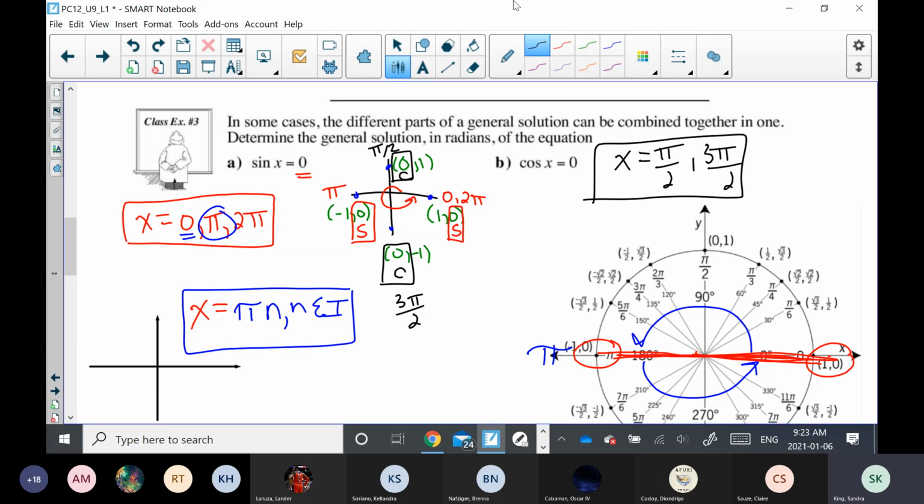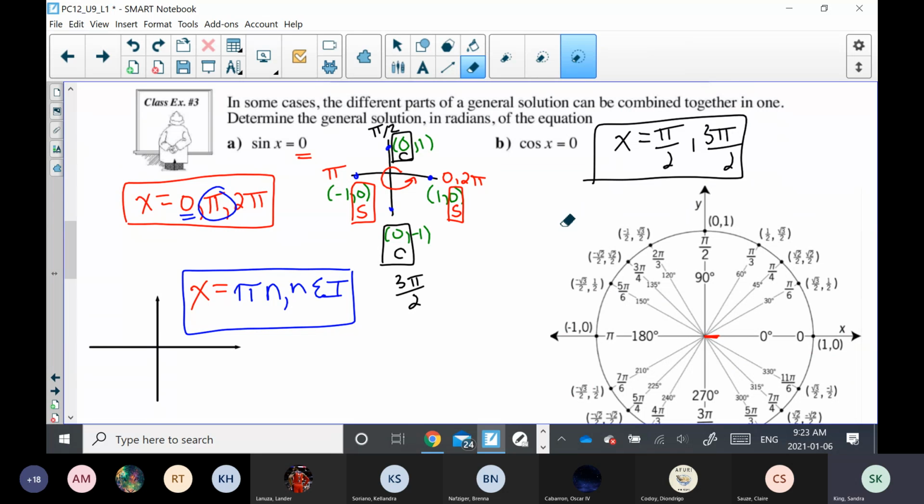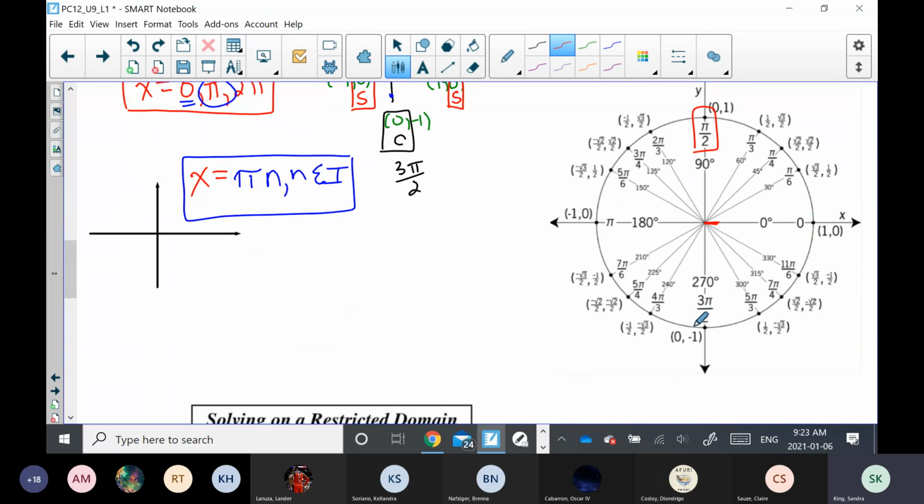Do these two answers make a straight line? I'm just going to erase this. My two answers were pi over 2 and 3 pi over 2. Is this a straight line? And the answer is yes, this is a straight line.